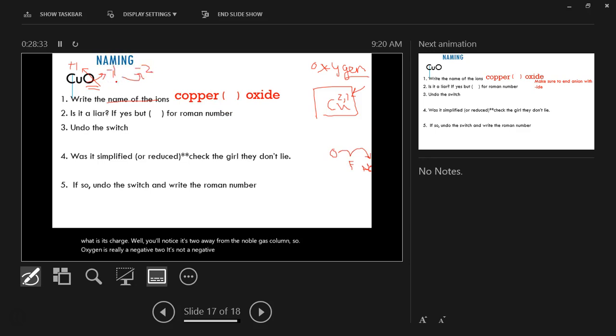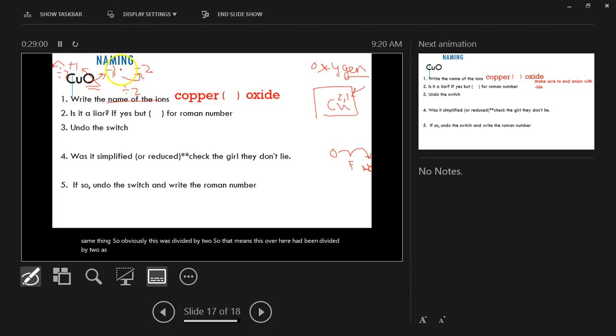So what had to have happened to make this 1 in the formula? It had to have been reduced. So whatever you did to the oxygen, you did to the copper, because that's how you reduce something. They had to have both been reduced by the same thing. So obviously this was divided by 2. So that means this over here had been divided by 2 as well.